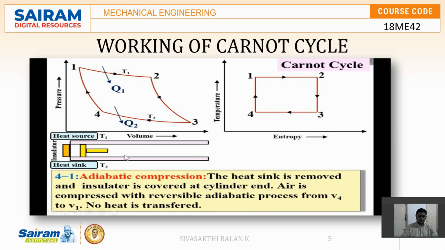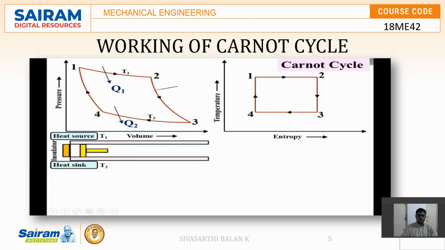So the heat sink is removed and the insulator is covered at the cylinder end. Air is compressed with a reversible adiabatic process. So in the reversible adiabatic process, entropy is always constant, and here you can see the volume is decreased from V4 to V1, and always during adiabatic process no heat is transferred.